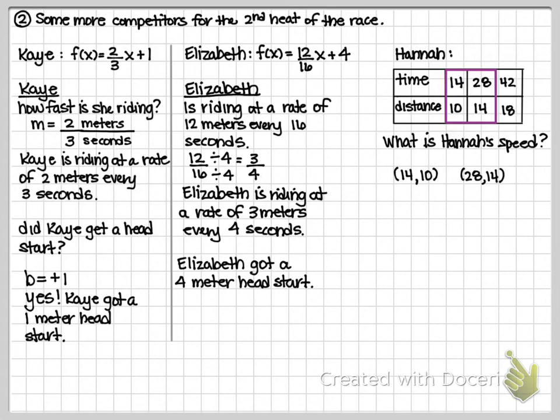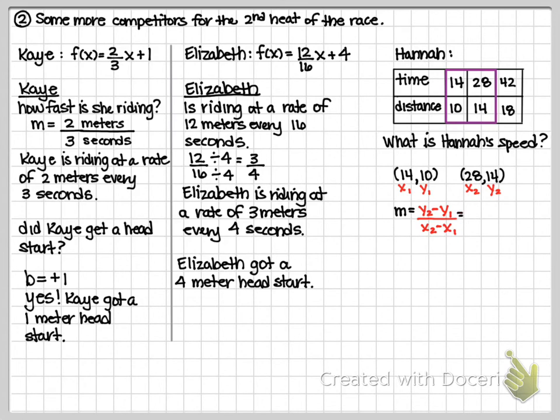So now the first x value I'm going to call x1, and the first y value I'll call y1. Second x value, second y value. Now I'm going to go back to what we did previously to find the slope. I'm going to use my formula, which I know is the second y minus the first y over the second x minus the first x.